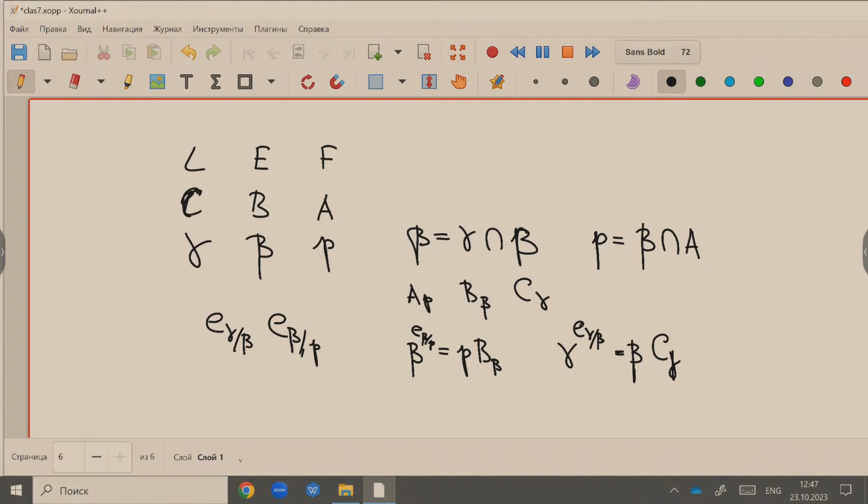So when you lift P to C, it is expressed as gamma to the ramification index of gamma over P, which is the product of these two ramification indices.